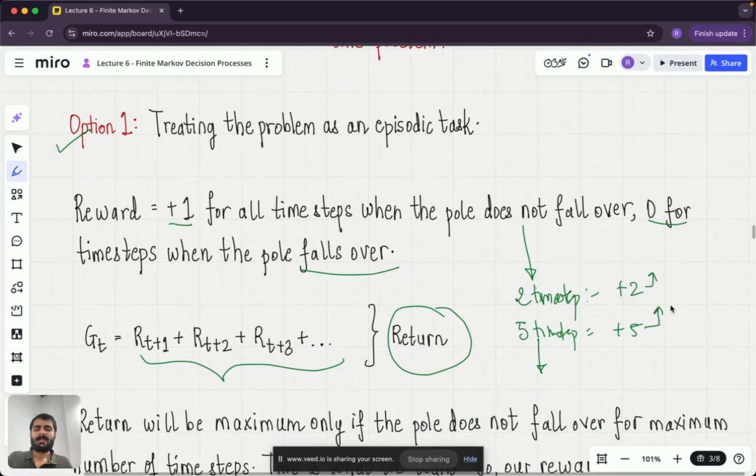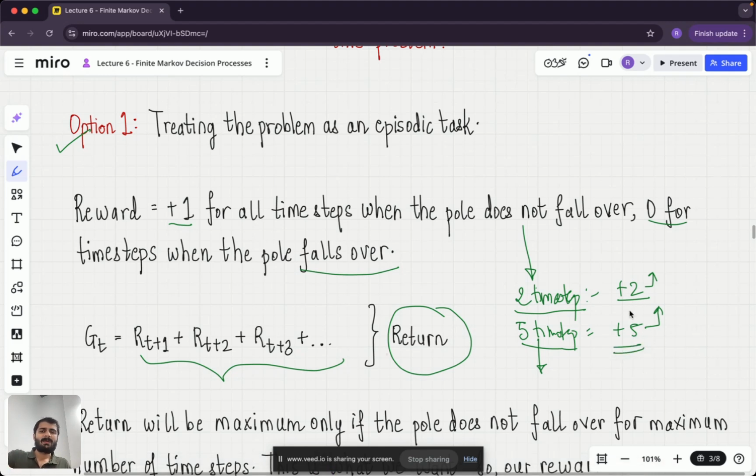Now, when we write our expected return like this, what it means is that if, let's say, the pole falls over after two time steps, my reward is going to be 1 plus 1, that is 2. If my pole falls over after five time steps, my reward is going to be 1 plus 1 plus 1 plus 1 plus 1, that is 5.